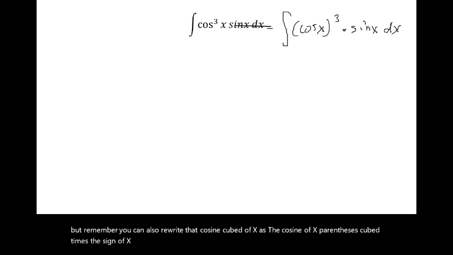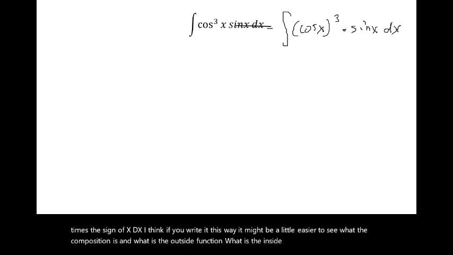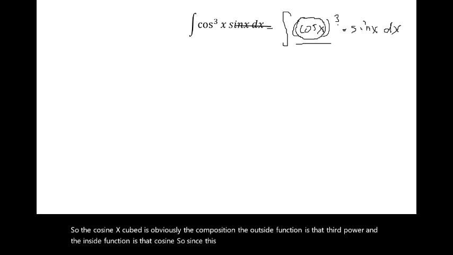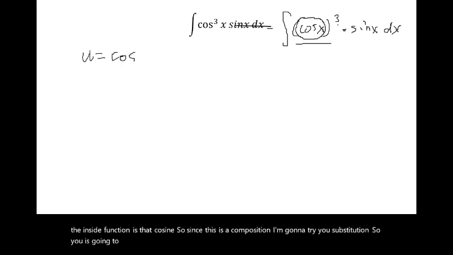I think if you write it this way, it might be a little easier to see what the composition is and what is the outside function and what is the inside function. So the cosine x cubed is obviously the composition. The outside function is that third power, and the inside function is that cosine. So since this is a composition, I'm going to try U-substitution. So u is going to equal the inside function cosine x.